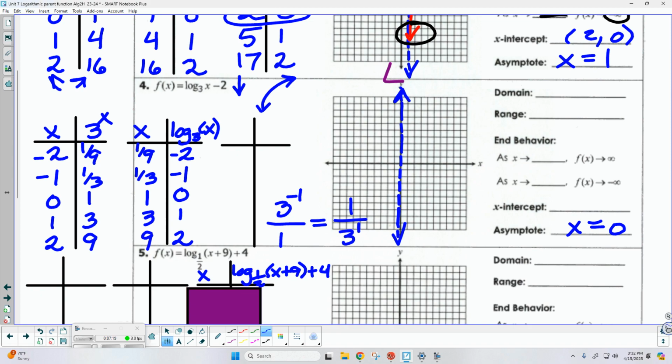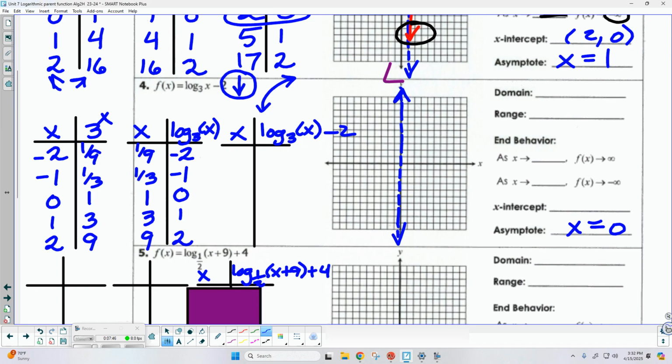Here's the thing, though. We don't want log base 3 of x. We want log base 3 of x and then -2. So now I'm going to make a third table. This is where I'm going to apply any transformations that I see. So I want log base 3 of x minus 2. You told me at the beginning that this is a vertical transformation, right?